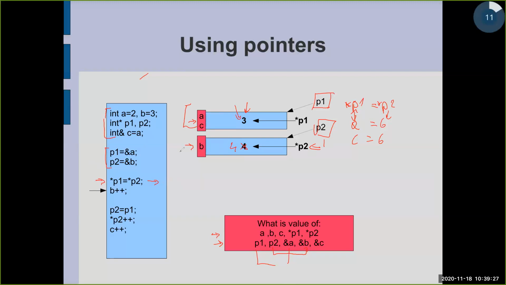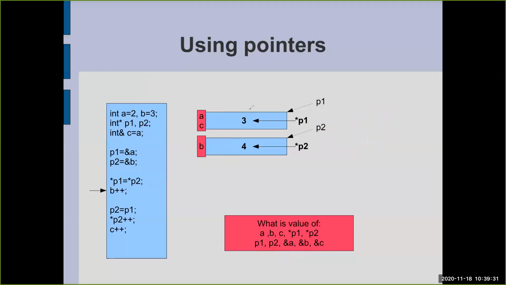So look. Okay. Now I have P2 equal to P1. So what does it mean? What is the value of A? 3. B? Stays the same, yeah. So what changes here?